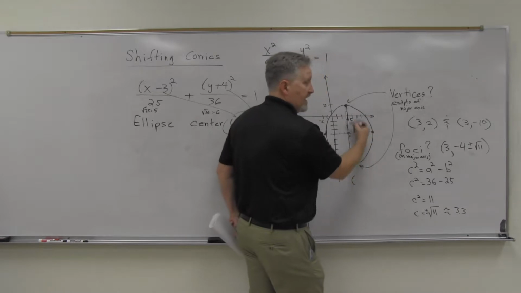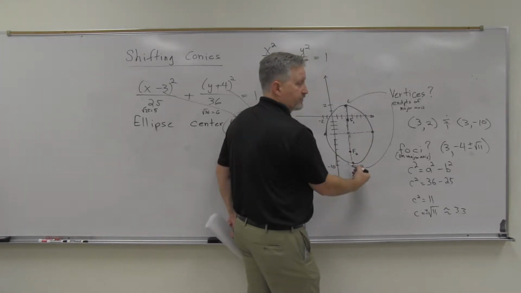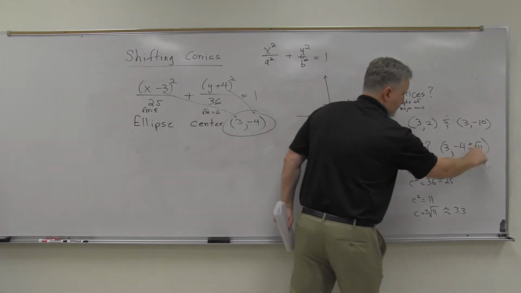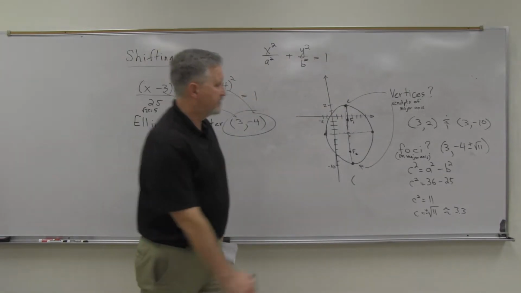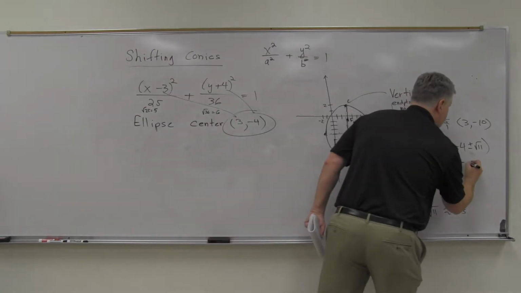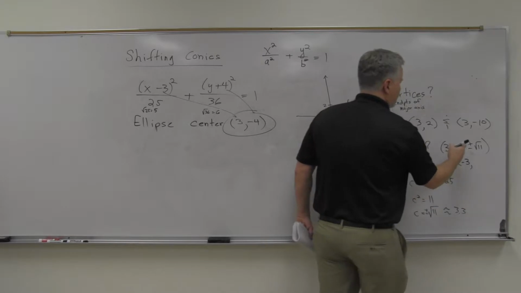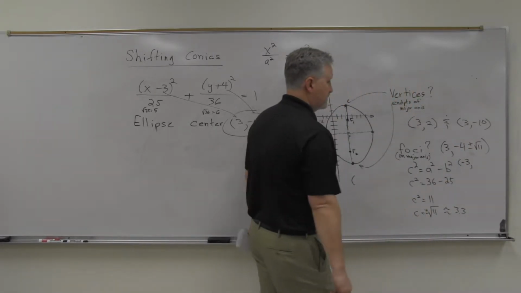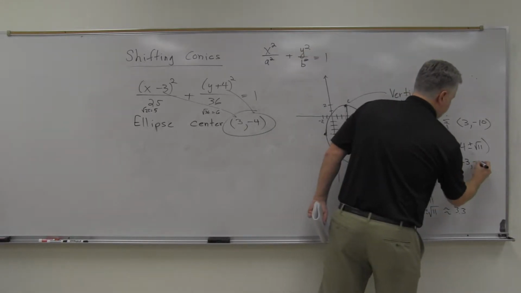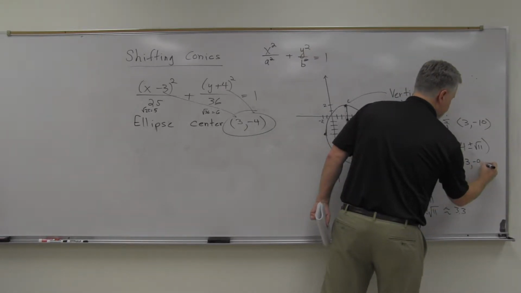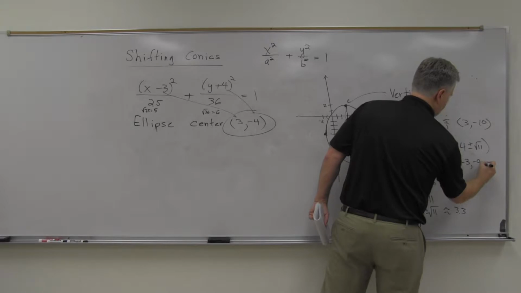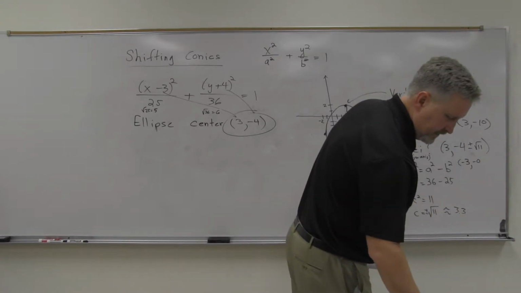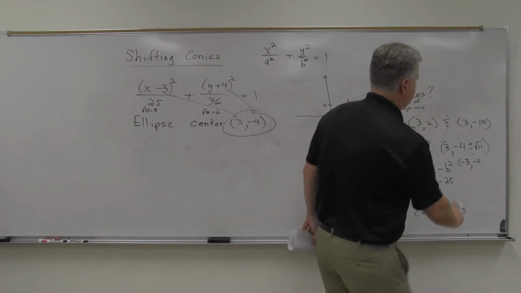Because that's what I'm doing, adding and subtracting about 3.3 to get those. So we want to be a little more specific. So -4 plus 3.3, that's going to be -0.7. And -4 minus 3.3 is -7.3 for the bottom one.